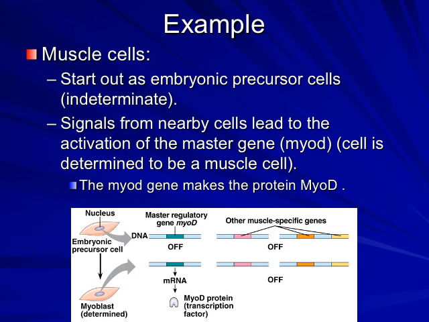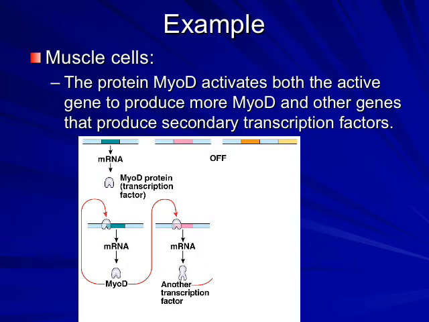The MyoD gene makes the protein MyoD. So here's the example. The protein MyoD activates both the active gene to produce more MyoD and other genes that produce secondary transcription factors. And this is discussed on page 382 of your books.